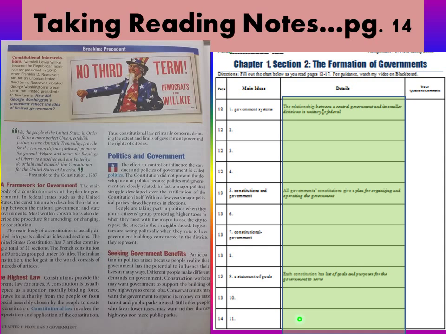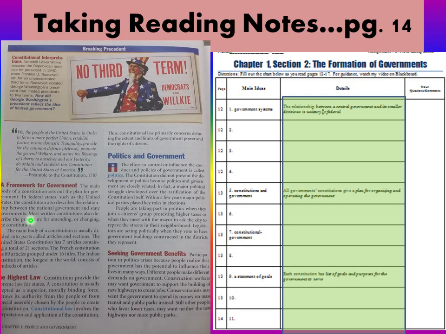Okay, so for our box, three things stood out for me as I was reading. In this first paragraph, it had two ideas. It's talking about how the Constitution, which is the framework, tells you the relationship between national and state governments. That's first, the relationship between national and state governments.